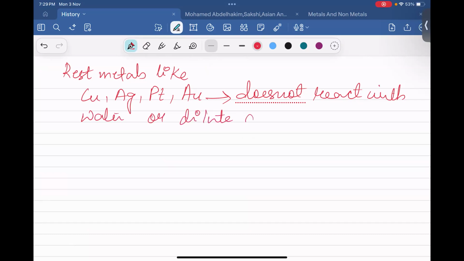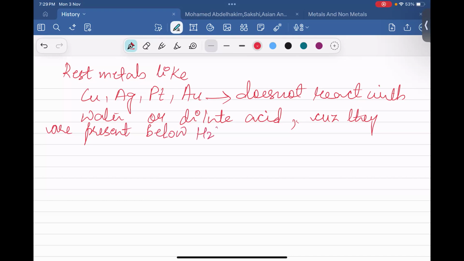The reason you already know: they are present below water in the reactivity series.